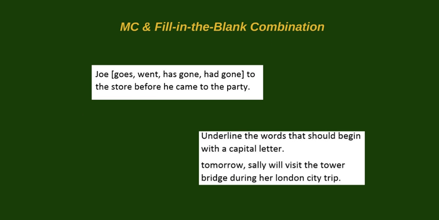And then finally, you can do something like this, a combination. It looks like a fill in the blank, but instead we give them choices in brackets. So Joe goes, went, has gone, had gone to the store before he came to the party. The student has to underline or circle the correct verb phrase. In the second one, underline the words that should begin with a capital letter.